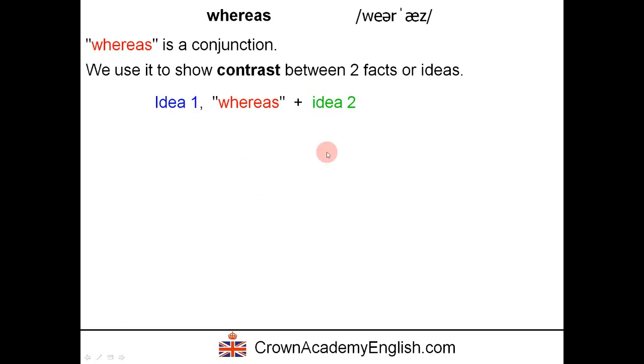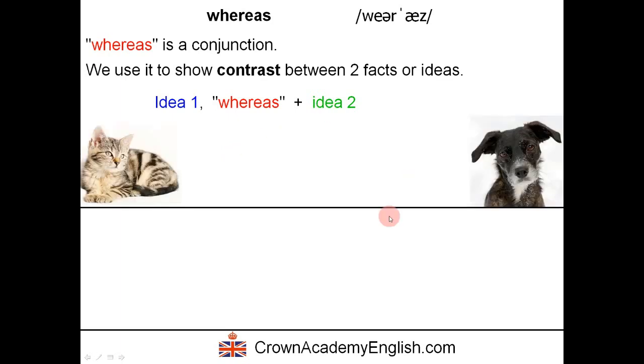This is what we are comparing, if you like. We are comparing the difference between this and this. And in the middle, we have our conjunction, whereas. And that's what conjunction means. In fact, it joins two parts of the sentence. Okay? So a very simple example.